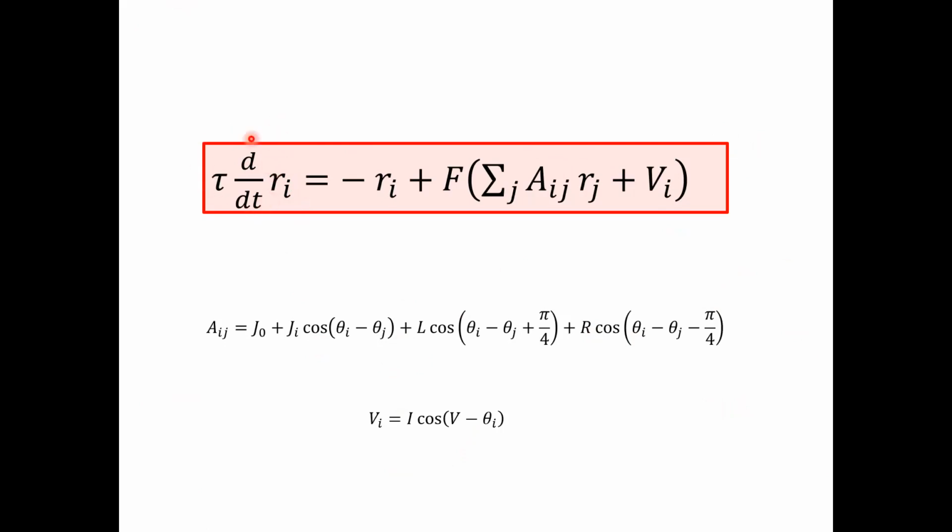And so the model says that the derivative of the calcium concentration at the node I decreases to 0 if it was not connected, but you will excite this calcium activation with some connection.